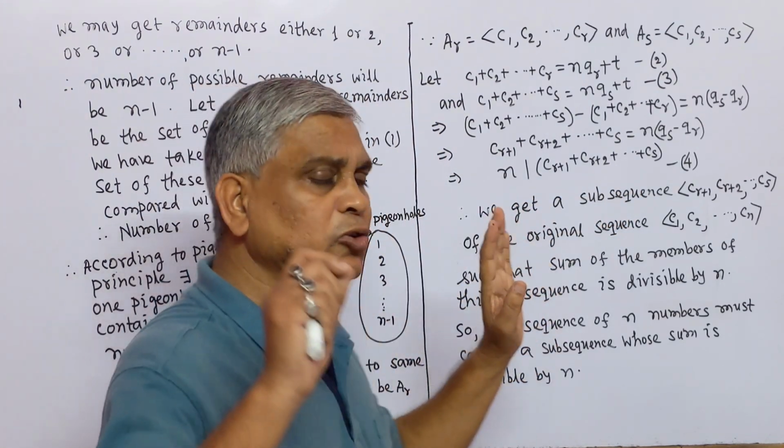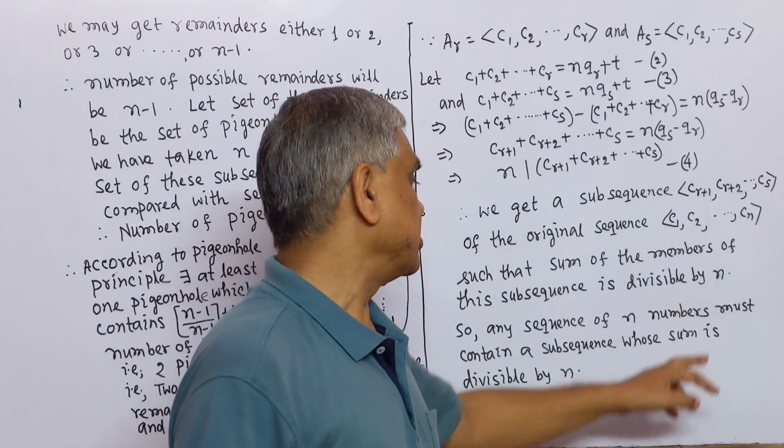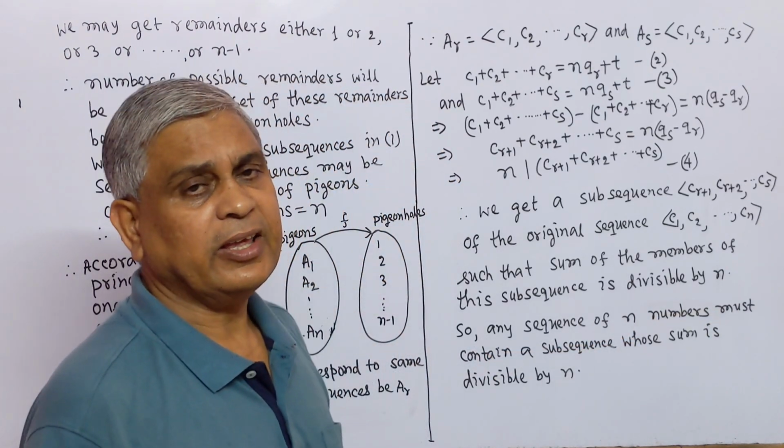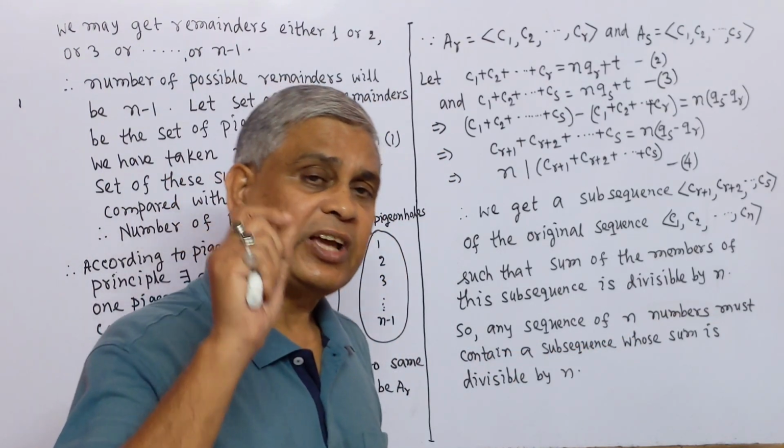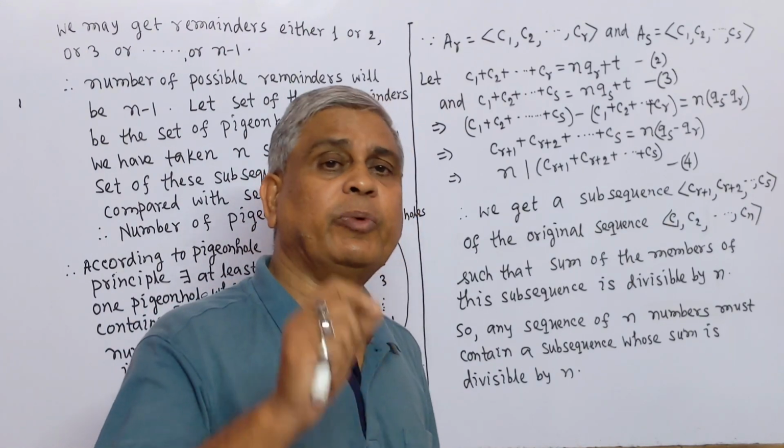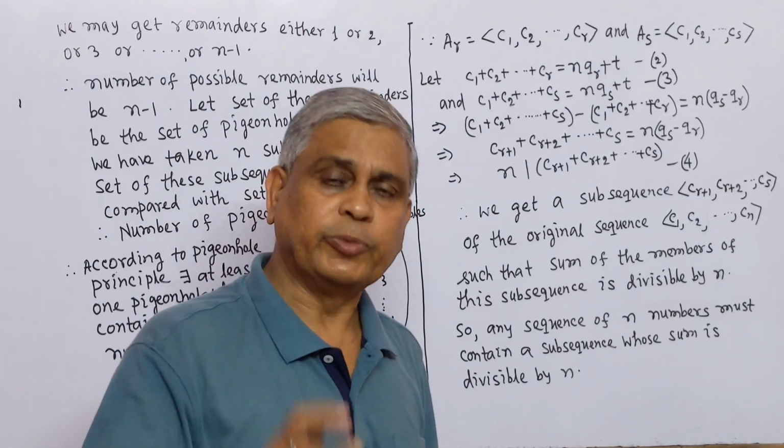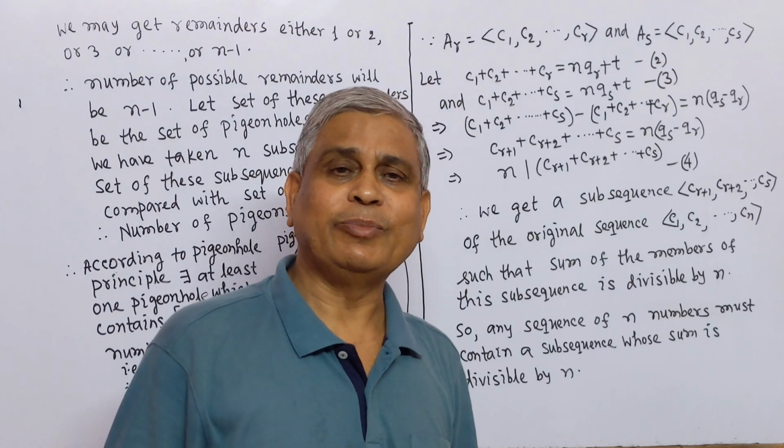So, any sequence of n numbers must contain a subsequence whose sum is divisible by n. Proved.